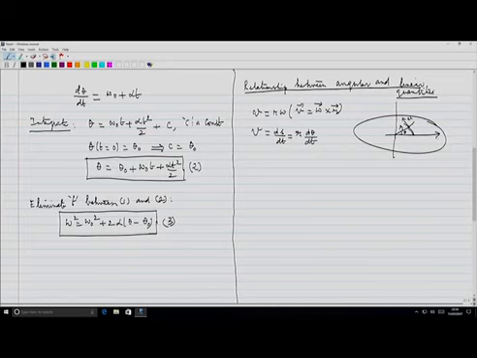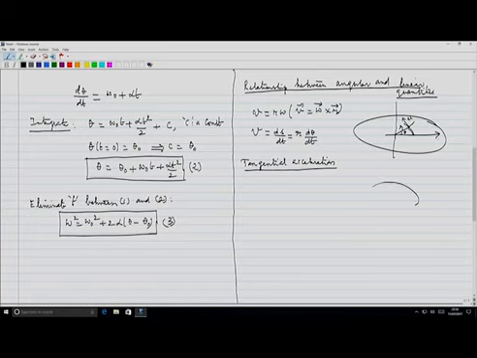Now tangential acceleration. Let me draw this diagram in a better way.